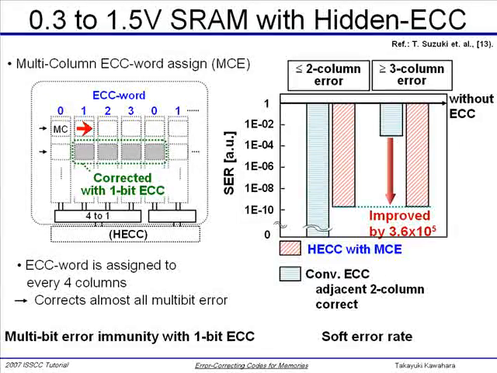The ECC is area hungry and time hungry. So the ECC is a very good tool, but we do not want to depend much on it. Such an idea reduces the soft error rate by 10 to the 5th. So this is his approach.